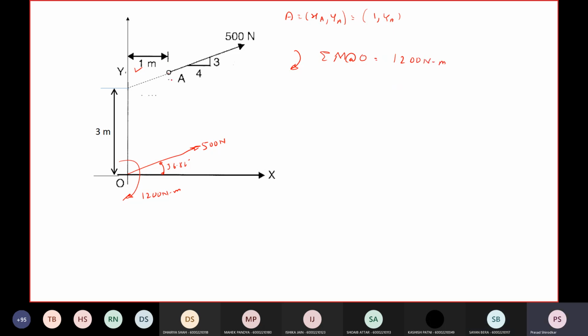Okay, now resolve this force in horizontal and vertical direction. So this will be 500 cos theta, and this is 500 sin theta. सर वो 1 मीटर ऑलरेडी दिया है ना क्वेश्चन में, गिवन है ना? हाँ, it is given.